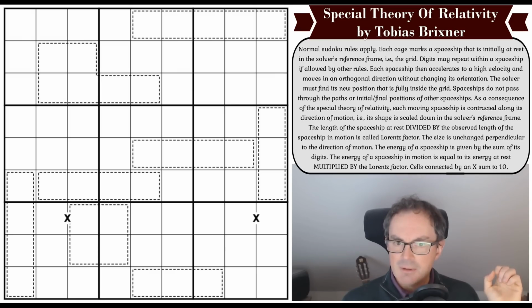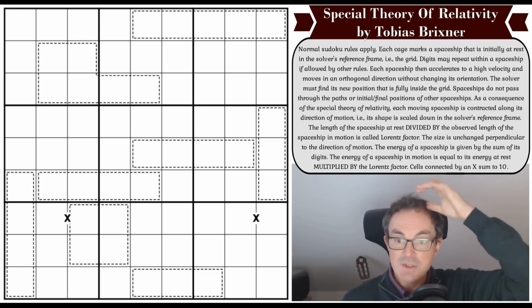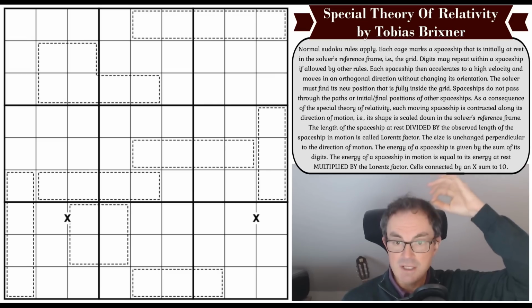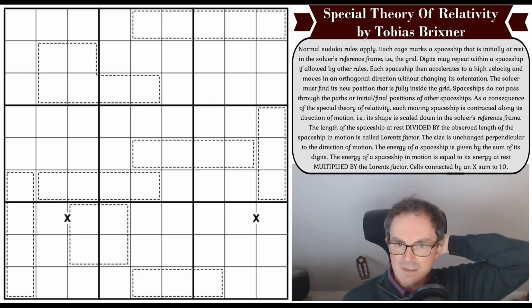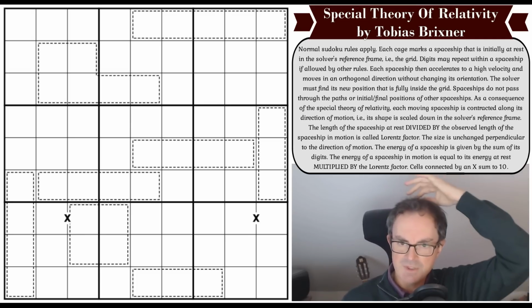Each spaceship then accelerates to a high velocity and moves in an orthogonal direction without changing its orientation. The solver must find its new position that is fully inside the grid. Spaceships do not pass through the paths or initial/final positions of other spaceships.